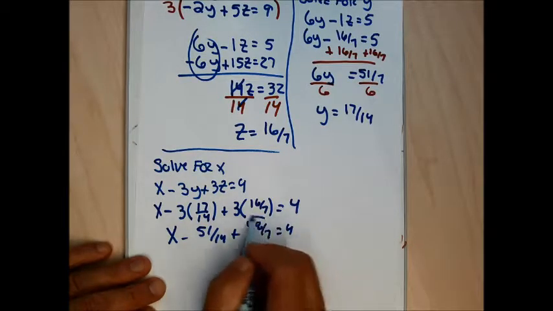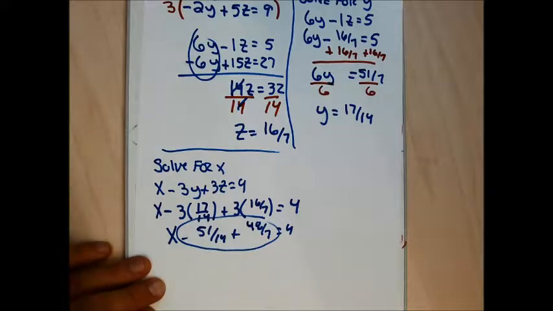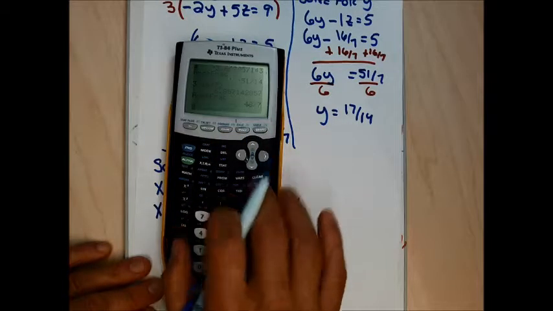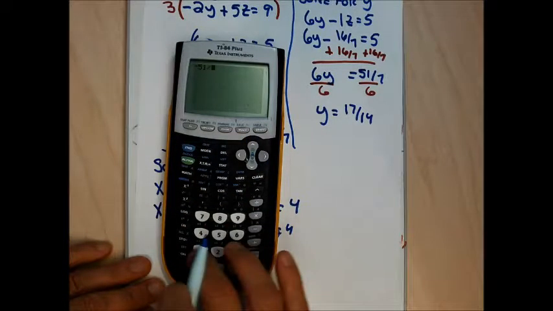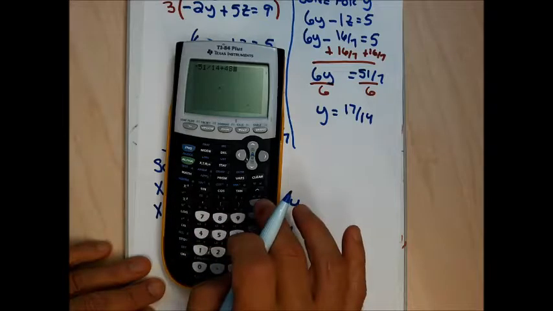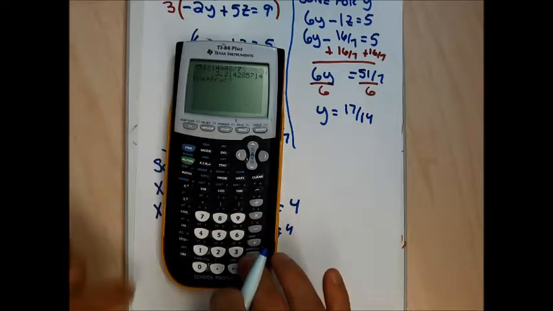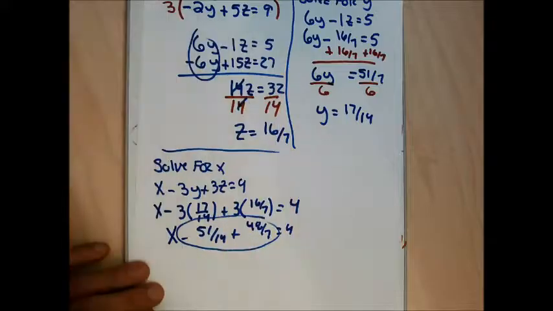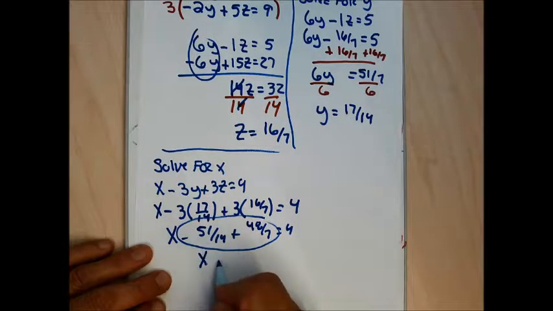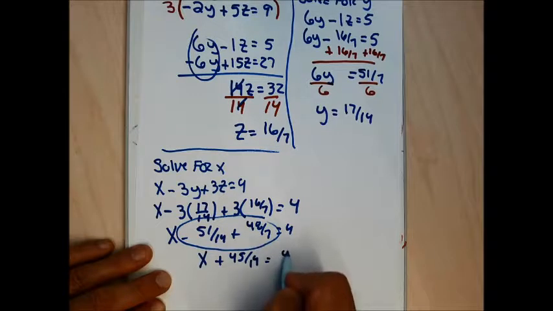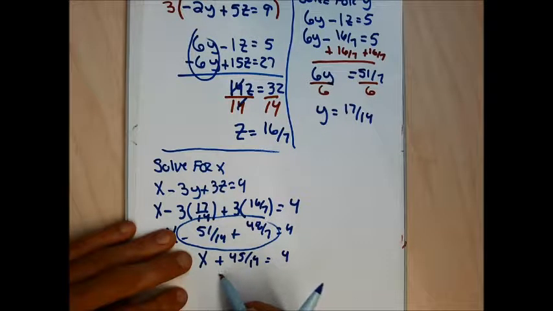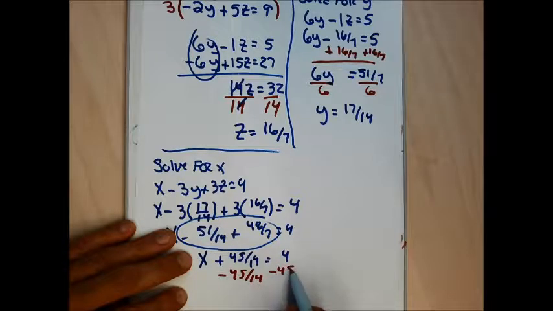Now I'm going to combine these, minus 51 over 14 plus 48 over 7, and get plus 45 over 14. So I get x plus 45 over 14 equals 4. And now I'm just going to minus 45 over 14 and minus 45 over 14.